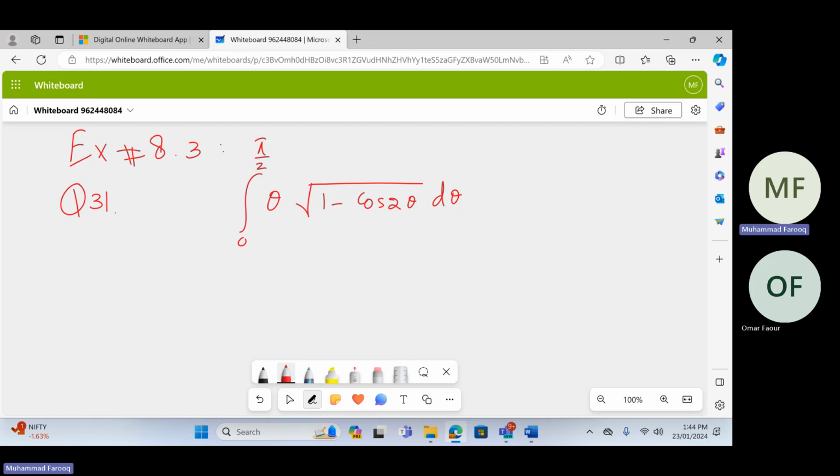So a minus b times a plus b becomes 1 minus cosine squared 2 theta, basically sine squared. Just write it and see what happens.